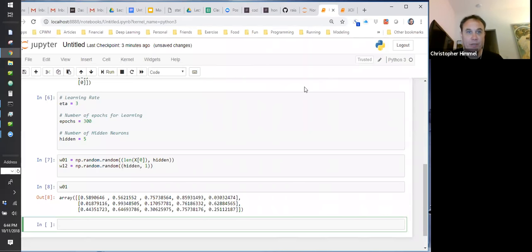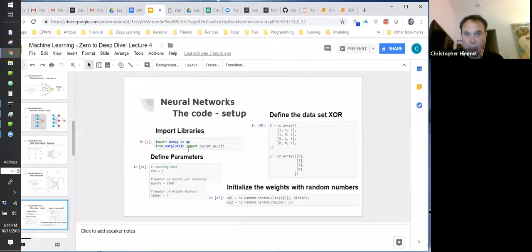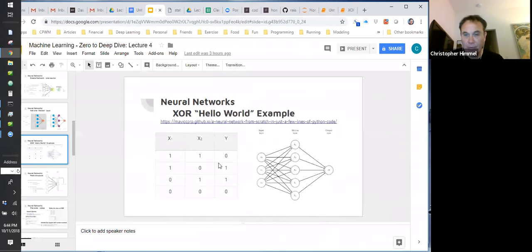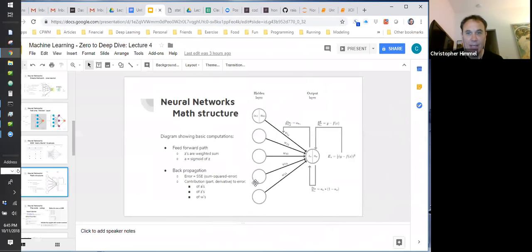If we look at the structure of our neural network, right here, we have 15 weights in between here and here. So it's 3 times 5. That's how many weights, so that's how we're defining it in our code.